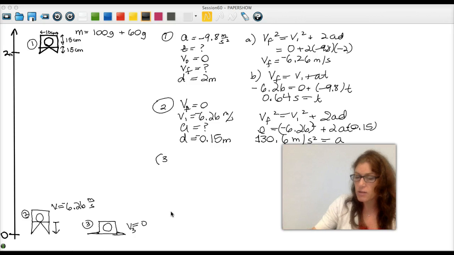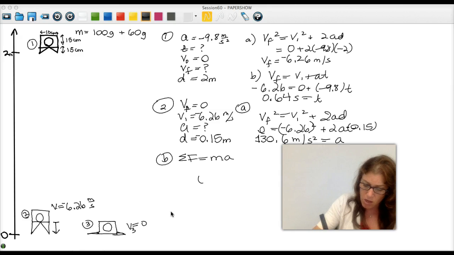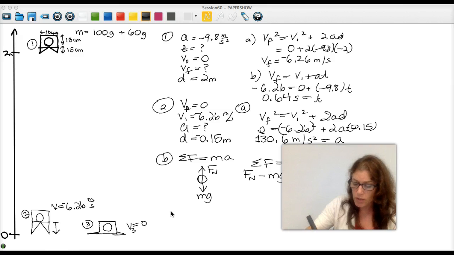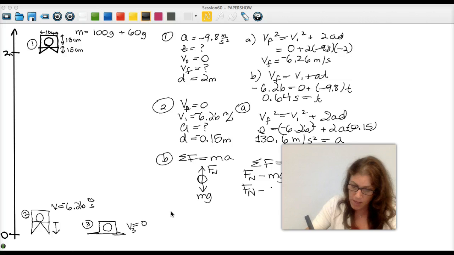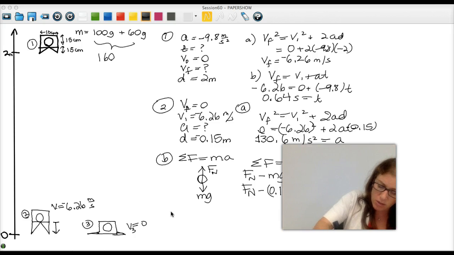So now we want to find the force of the floor on the egg. 2B is asking for the force, and net force equals mass times acceleration. So here's my egg, here's the force of the floor that I'm trying to find, here's ma. So net force equals mass times acceleration, Fn minus mg equals ma. So we have to find Fn. The mass is 0.16 kilograms times 9.8. That came from here, this is 160 grams total, which is 0.160 kilograms.